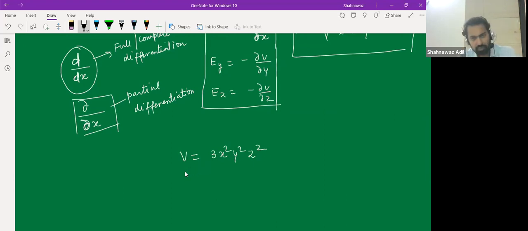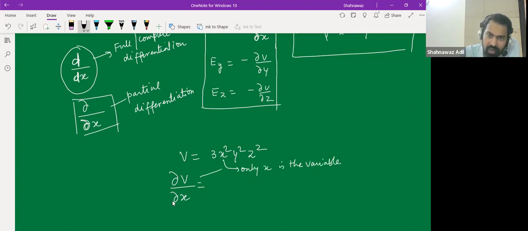If I take the partial differentiation with respect to x only, then x is the variable.